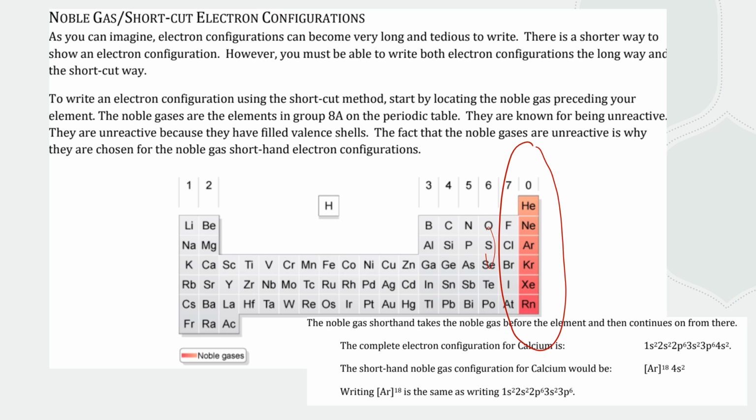So we have neon, then 3s2, and then 3p, 1, 2, 3, 4, 3p4.